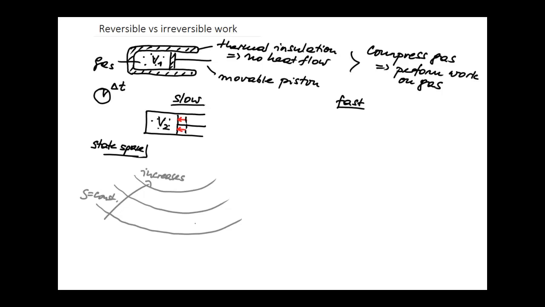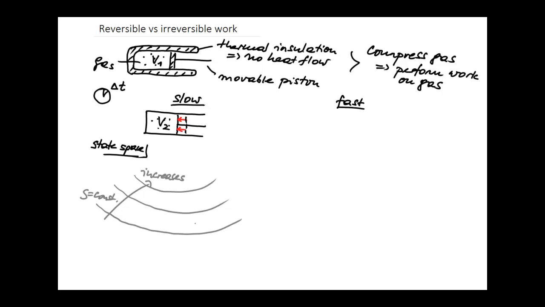Now, initially, we have a system with fixed particle number, so the particle number is given as part of the macroscopic data. We have a fixed volume. Initially, it's the volume V1. And let's say we have the energy given as an expectation value. Then we should use the canonical ensemble.